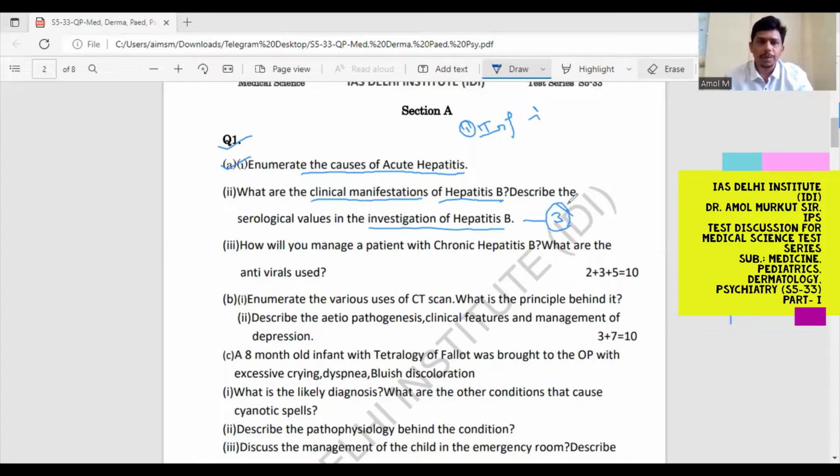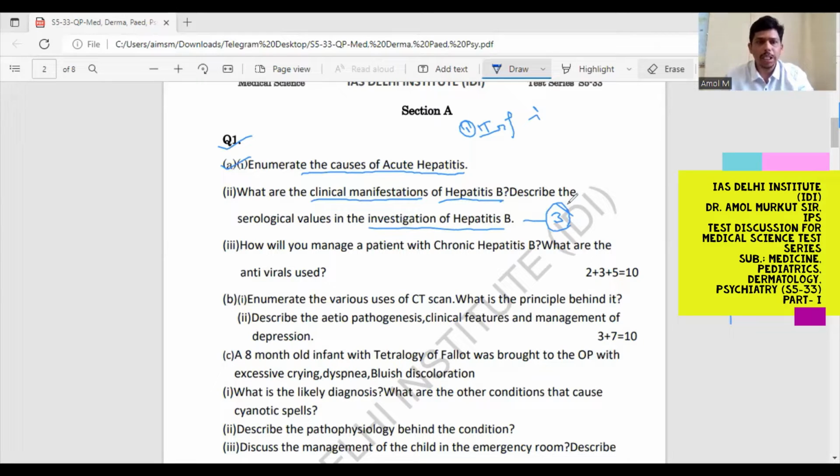Then serological values. What are the serological values in the investigation of hepatitis B? The important markers: first, which are the antigens? HBsAg, then HBeAg, then HBV DNA. These are the main antigens. What are the antibodies?